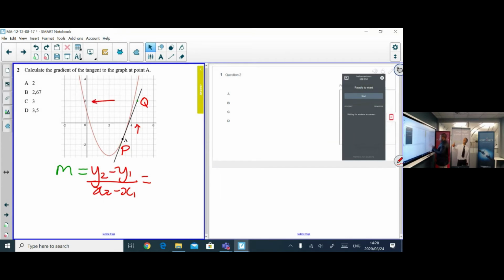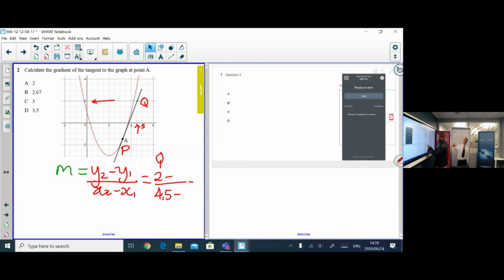So you're going to end up with y2, which at Q, your y is 2, minus, then your x, if this is 5, this one in between is like 4.5. So that's just your Q here.